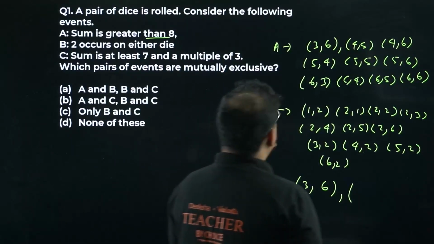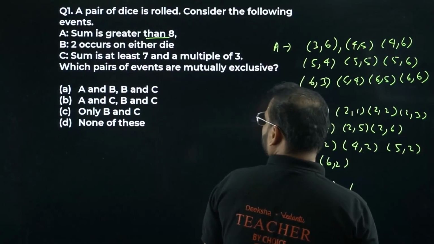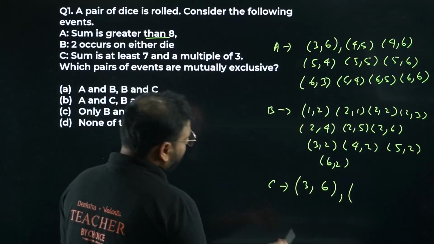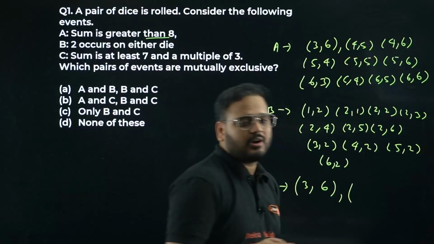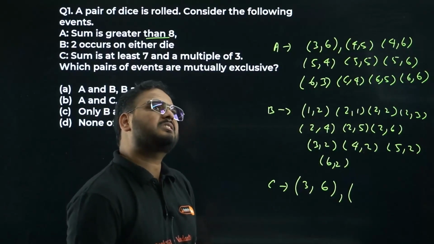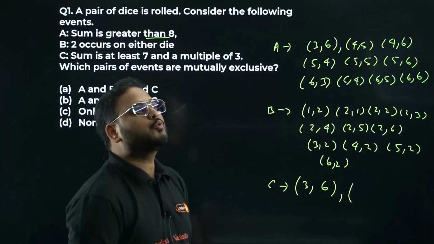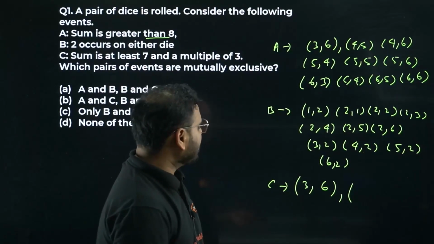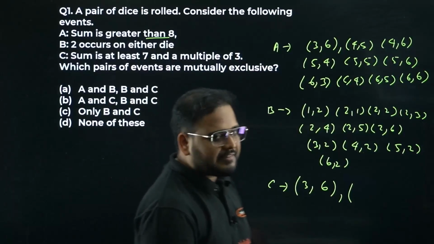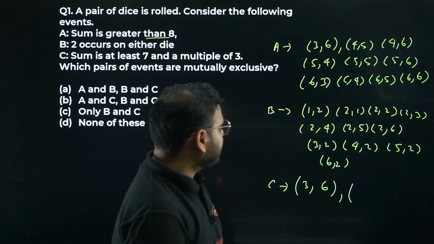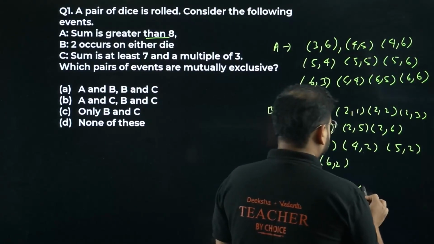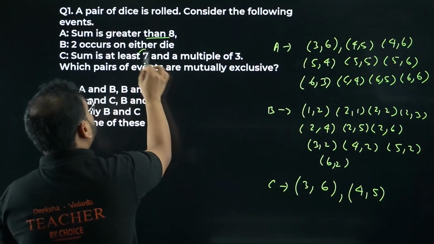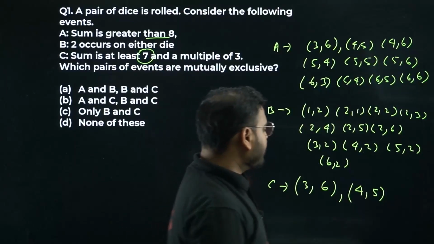3 6 we have. Anything else in 1 to 6 will be 7 only, and 2 2, anything we get, multiple of 3, 2 6 is 8, we can't do that. 2 5 is 7, 3 5 is 8, 3 6 is 9, then I take 4 5. 4 and 2 I can't take, will be less than 7. 4 6 we can't take.